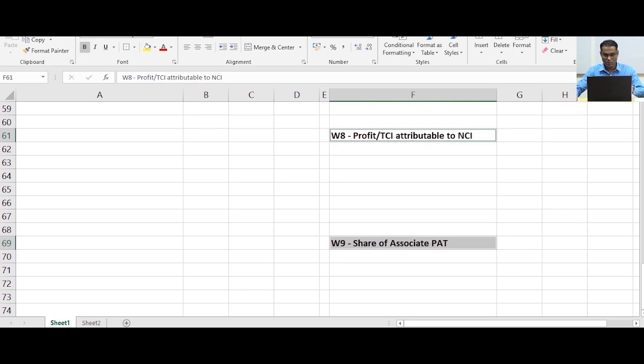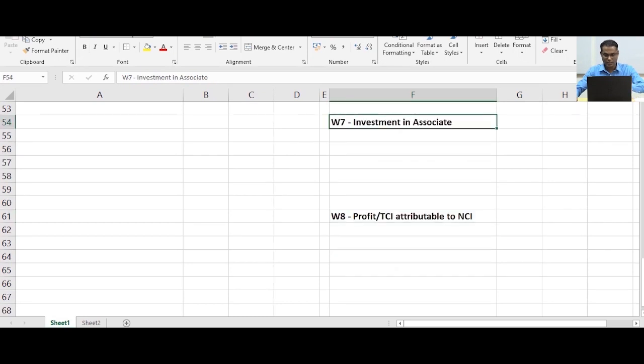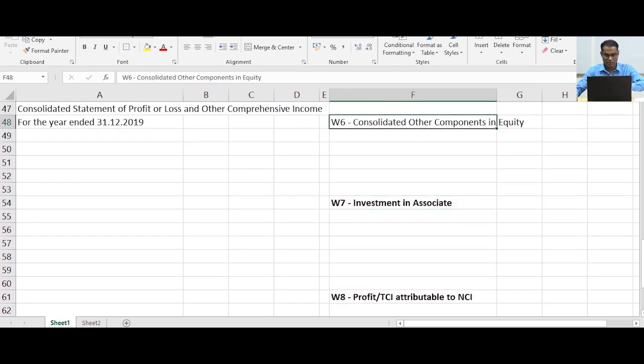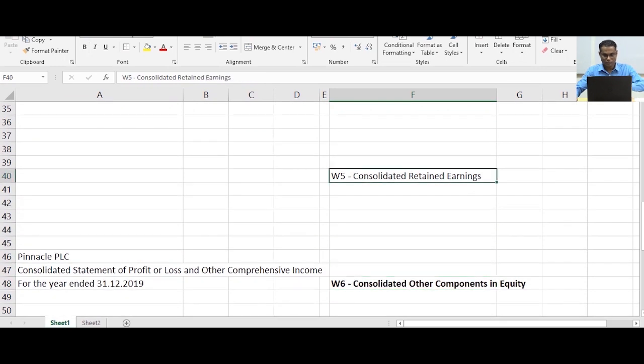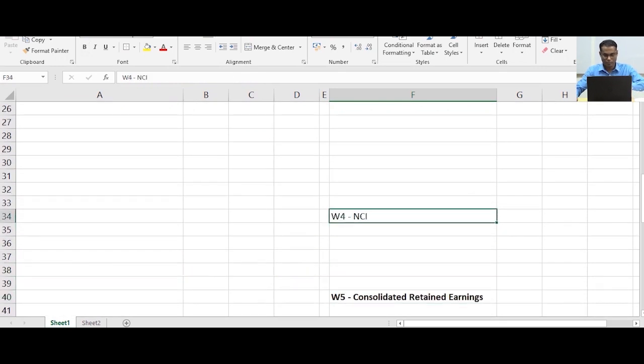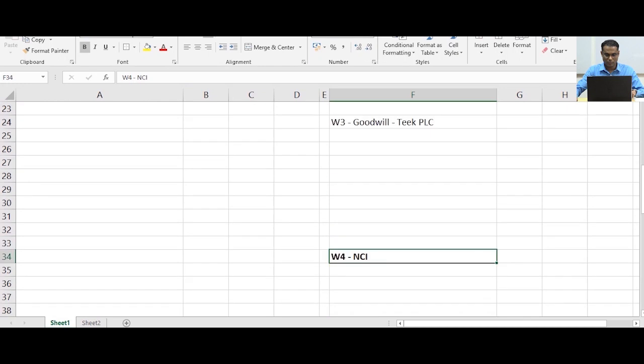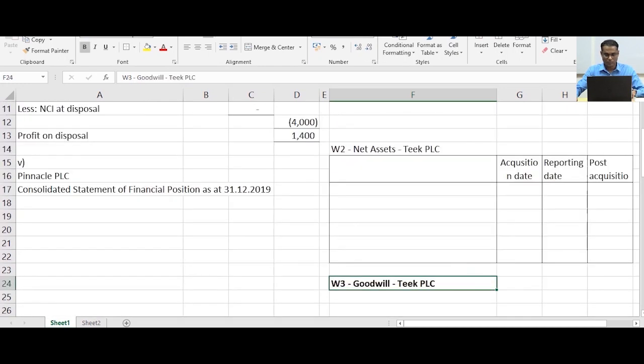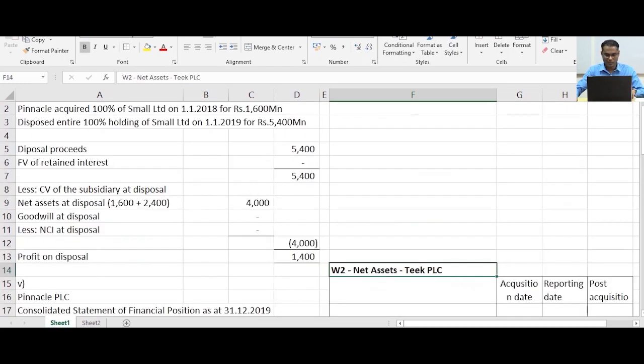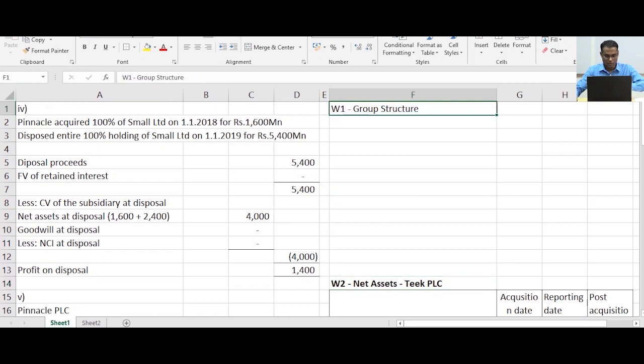So I'll make all these workings bold for clear visibility. Okay, right. I now have the structure to answer the question.